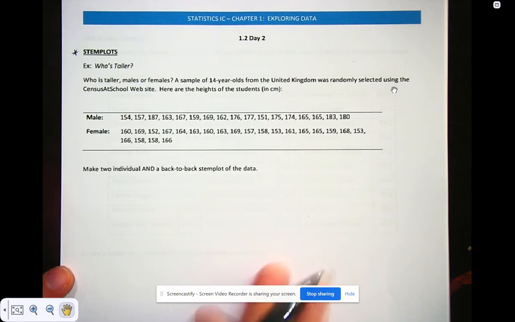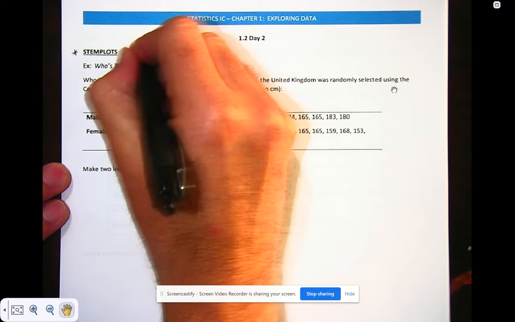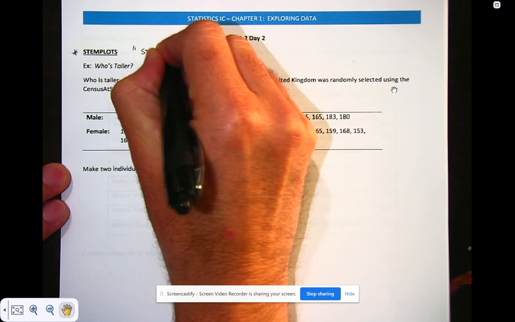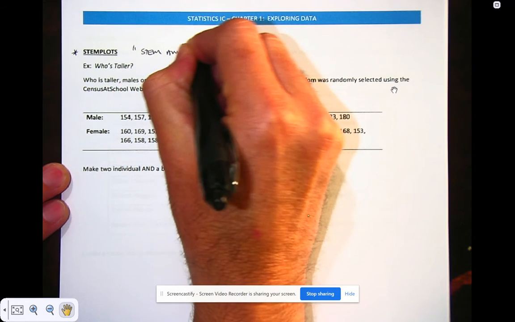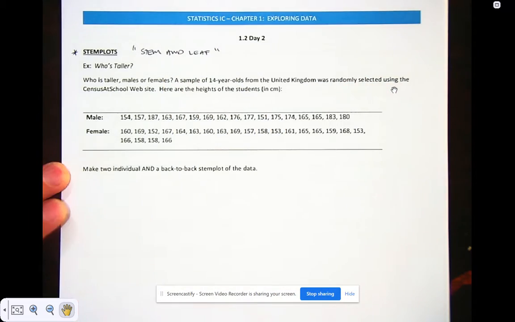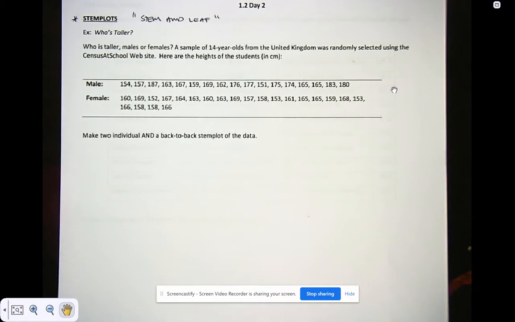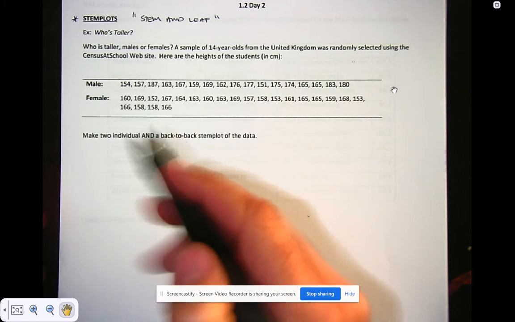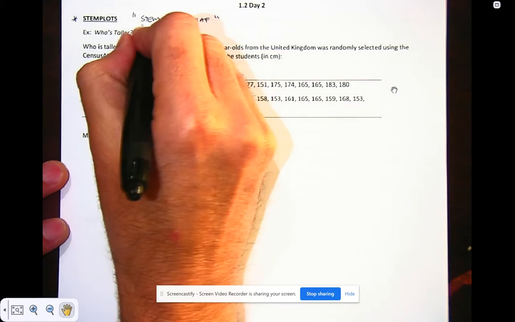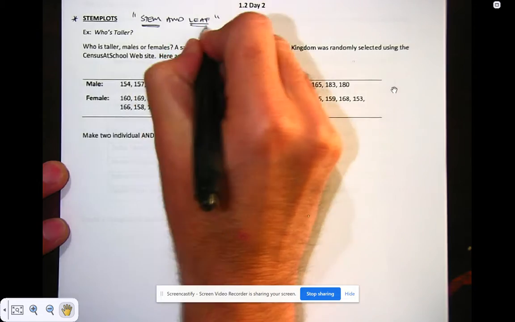So a stem plot, also called a stem and leaf plot, is basically a way for you to break up the data without doing dots, but you're going to break it into two pieces, a stem and then the leaves.